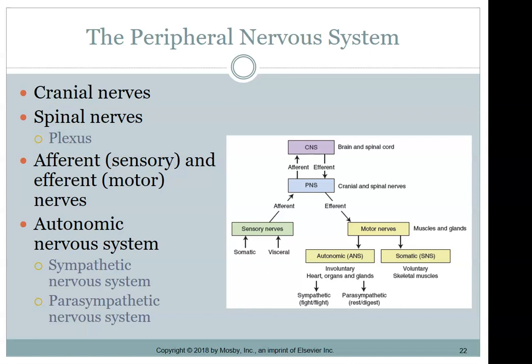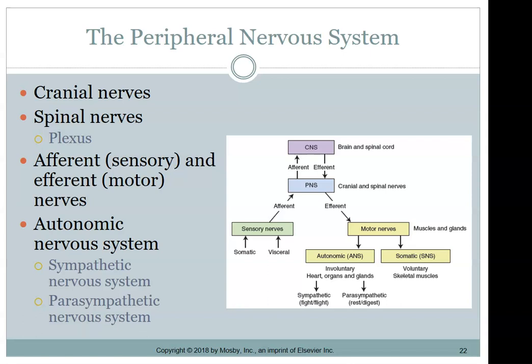For example, the vestibulocochlear nerve, also known as the auditory or acoustic nerve, is the 8th of the 12 cranial nerves. Spinal nerves are named by their location, such as cervical, thoracic, lumbar, sacral, and coccygeal, and by their number. A plexus is a network of nerve fibers from several spinal nerves.